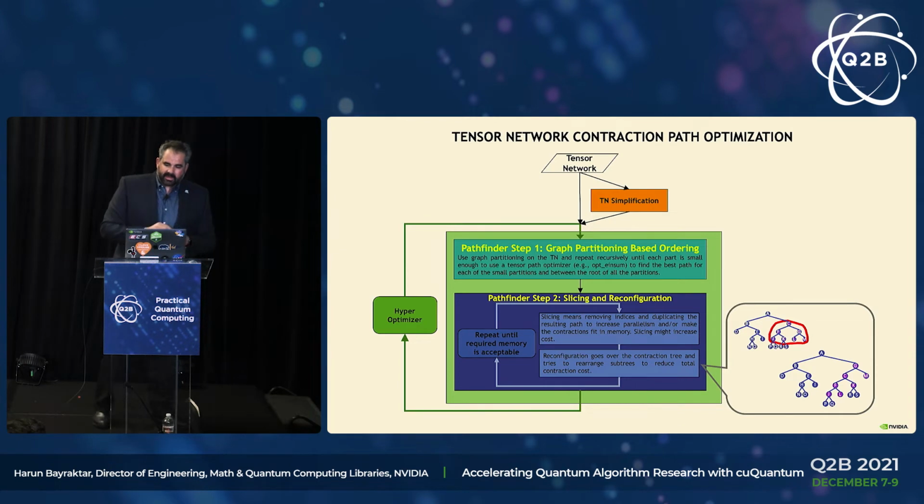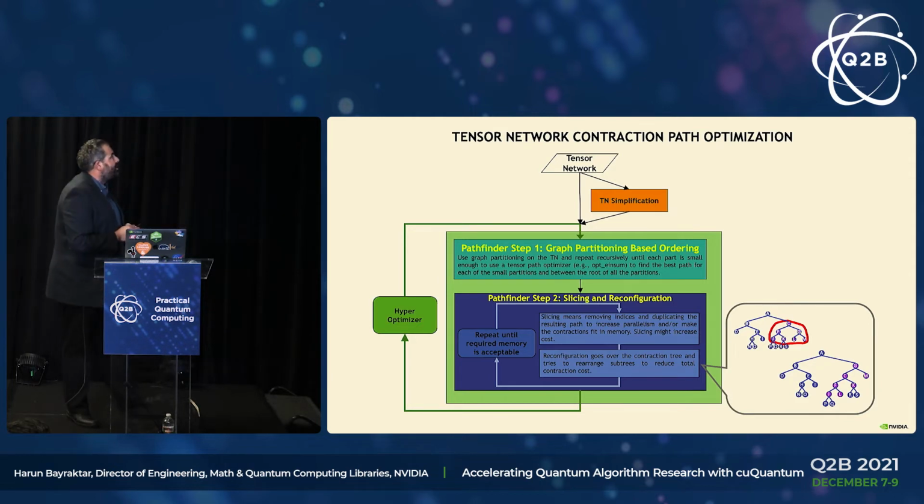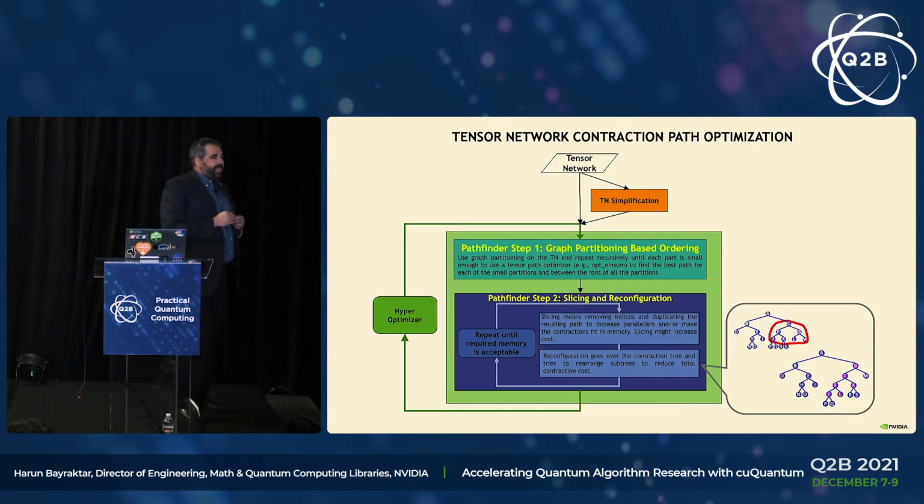Before we get into the results, I will very briefly talk about the complexities involved in the ordering process. Like with any NP-complete problem, there's a lot of heuristics involved, and this is one of the biggest areas of active research in tensor networks, where you have to develop some kind of optimizer that looks at a tensor network and then applies a bunch of methods to it and tries to converge to an optimized path, right?